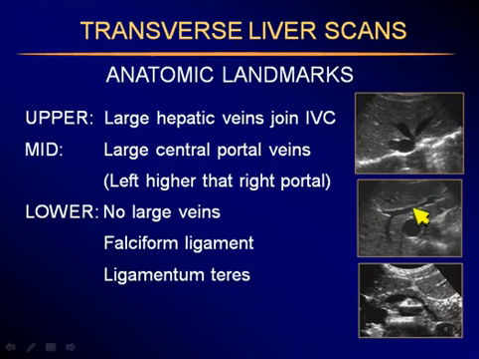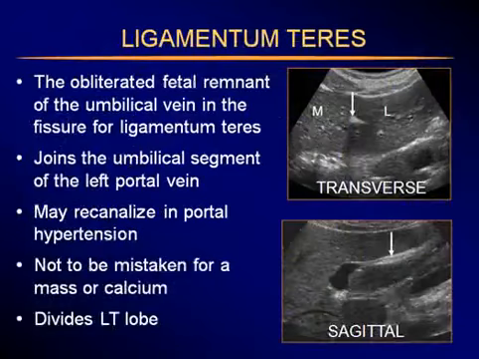That we know now that we're in the middle of the liver. If we look at transverse lower sections of the liver, we don't see any big veins. We see an echogenic line here. This would be where the falciform ligament comes in, and the umbilical fissure, the fissure for ligamentum teres, and that will mark the lower parts of the liver for us. So we'll know if we're high, mid, or low in the liver.